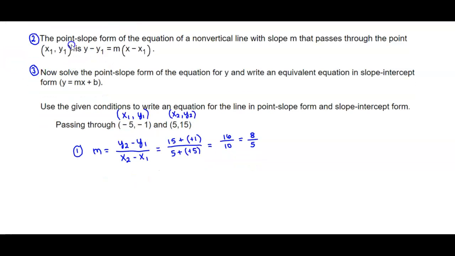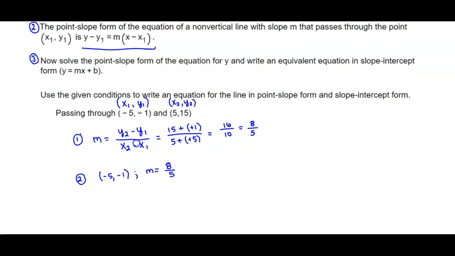Now we want to put this in point-slope form. So for step number 2, we need to know that the value of x1 is -5, and the value of y1 is -1. And we also know that the slope is equal to 8 over 5.